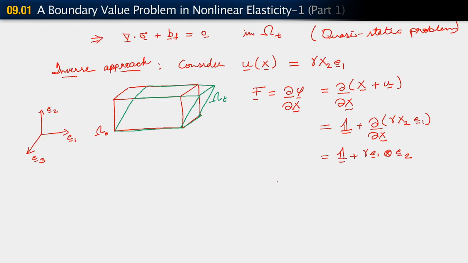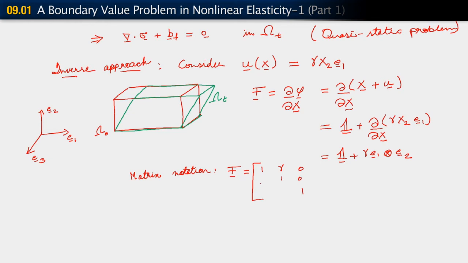If you want to see it in matrix notation, just to get a better sense of it, F would be written as having ones along the diagonal, and in the 1, 2 position, it has gamma.